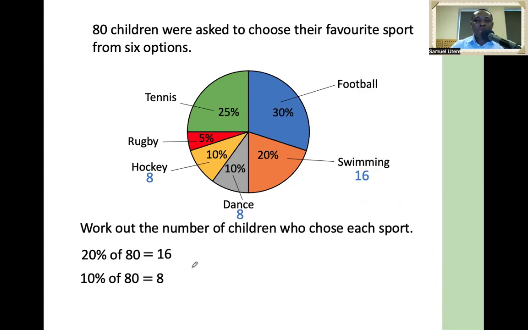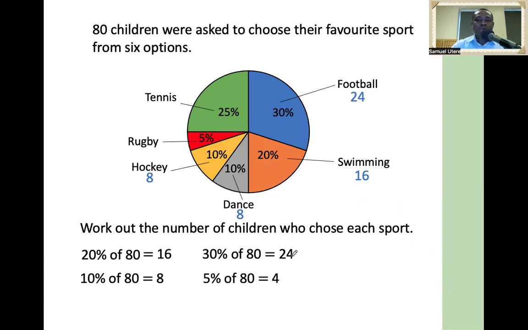How do we know? Because they each represent 10%. To find out 10% of anything, you divide that thing by 10. So 80 divided by 10 is 8. To find 30%, you can find 10% and you multiply by 3. So 8 times 3 is 24.